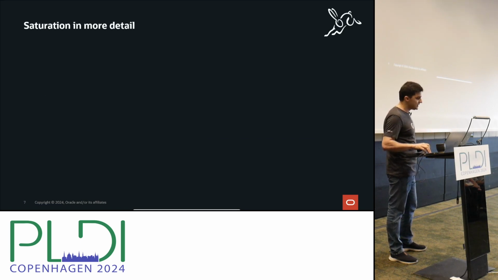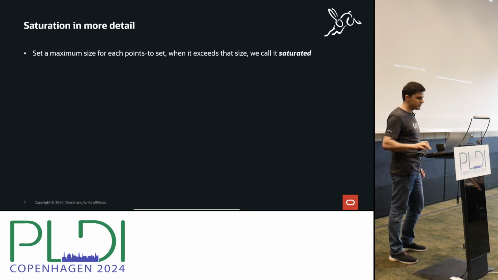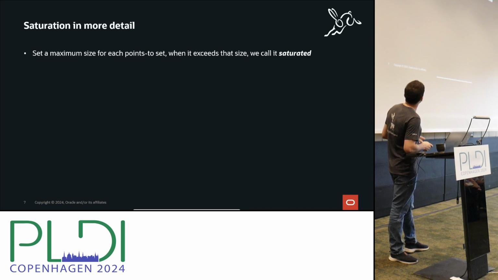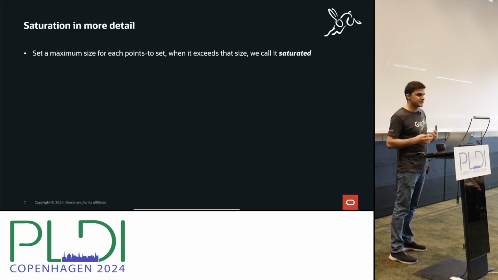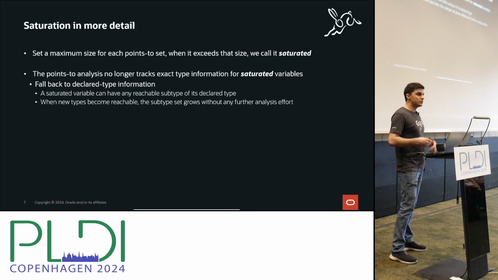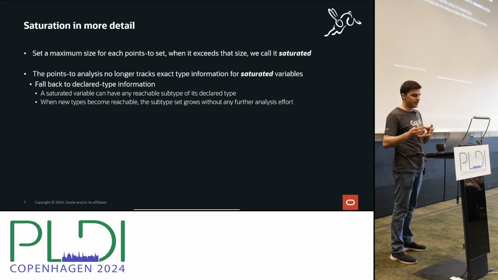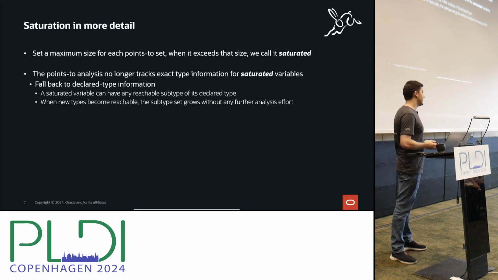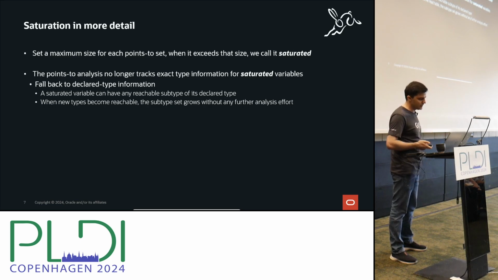To go into a bit more detail with this saturation idea, what we do precisely is set a maximum size for each type state. When we exceed that size, we just call it saturated. Then the points-to analysis no longer needs to track concrete information for each of these variables, and instead we fall back to declared type information. This is information that we get from the compiler, from the source code.